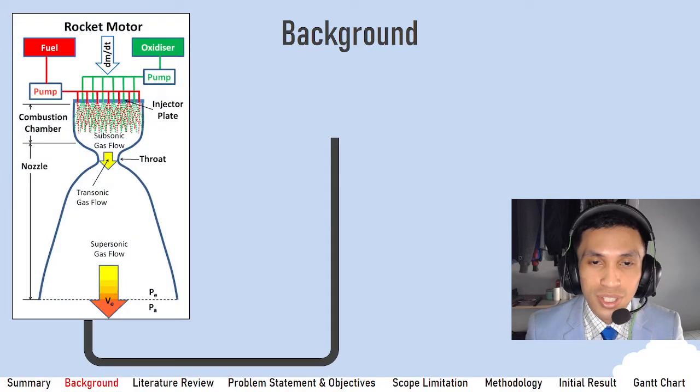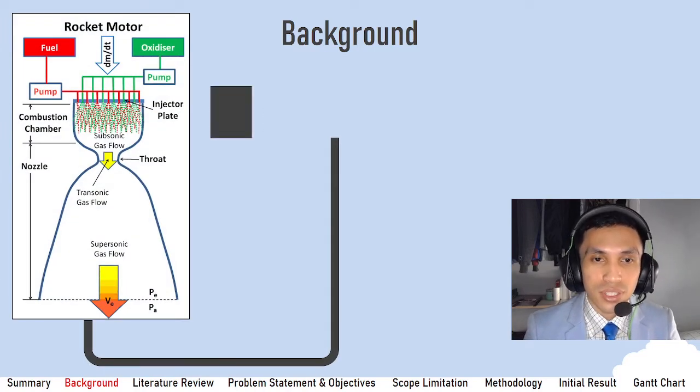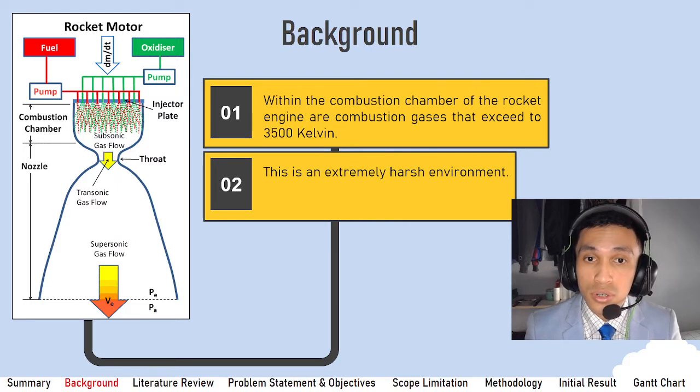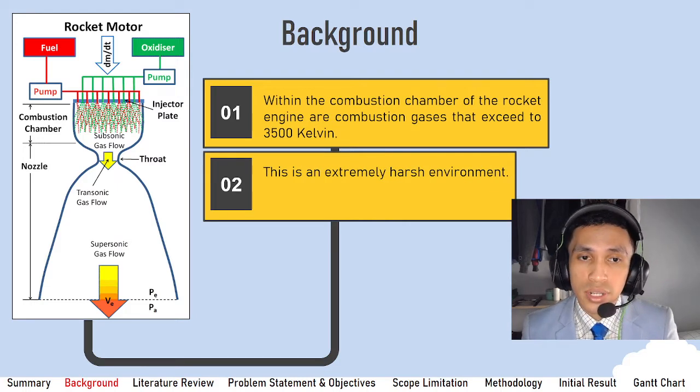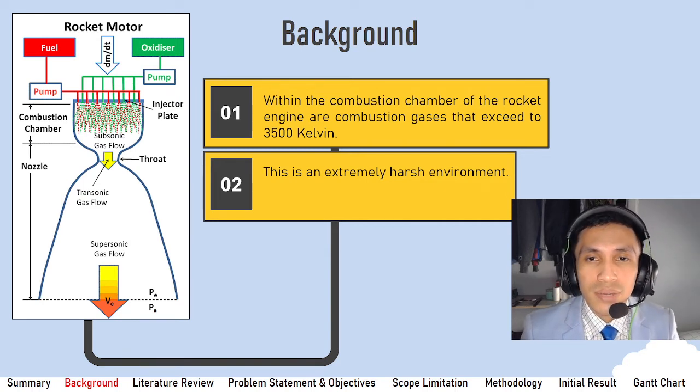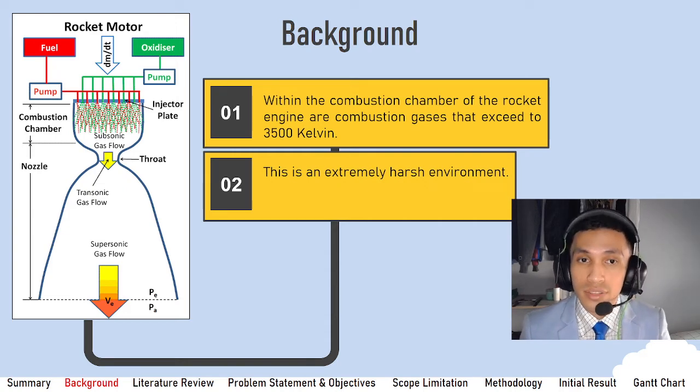Next, moving on to the background of this research. This research has conducted the thermal analysis on the rocket nozzle. How is the thermal analysis related? Within the combustion chamber of the rocket engine are combustion gases that exceed 3500 Kelvin.